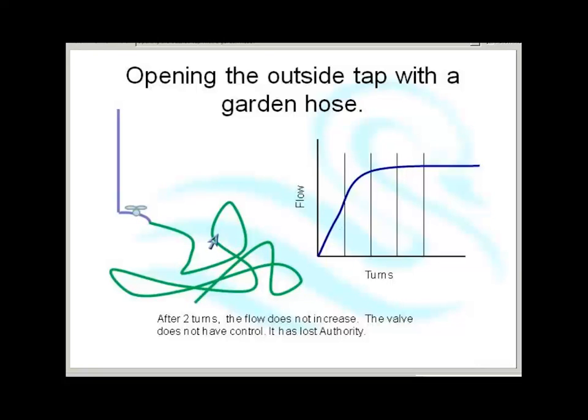I go along to my tap, and I open it one turn, and I get some flow. Say, I don't know, 5 litres per minute. Then I open it a second turn, and I get a bit more, say 8 litres a minute.